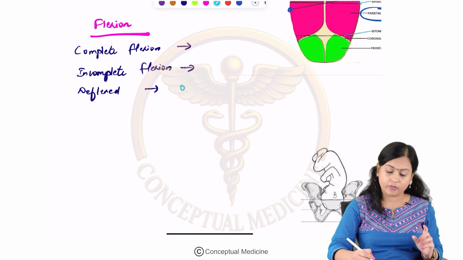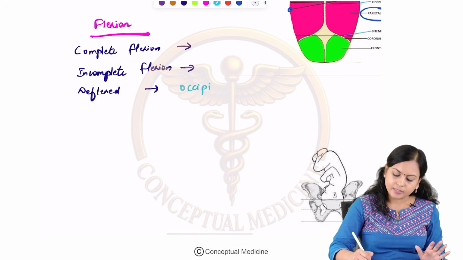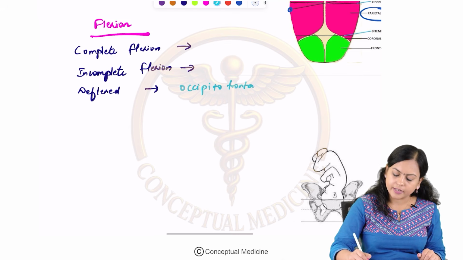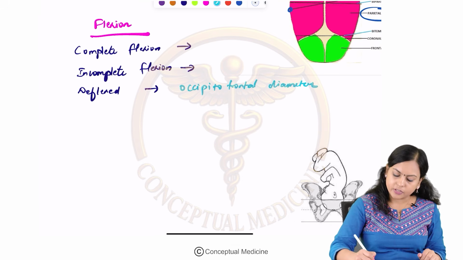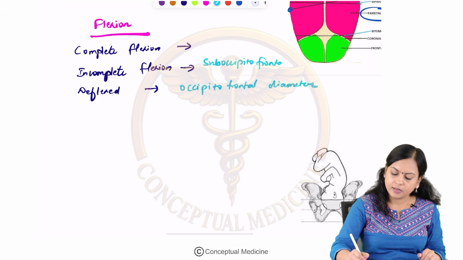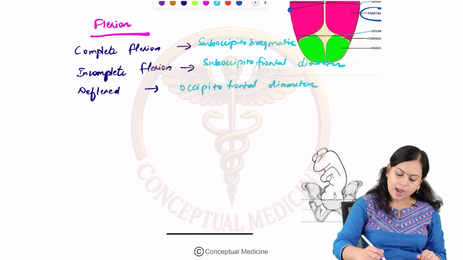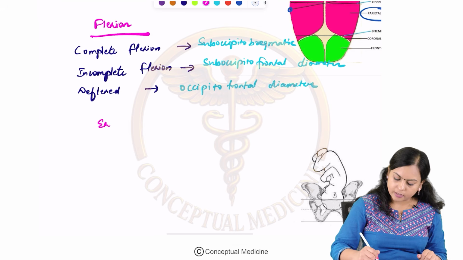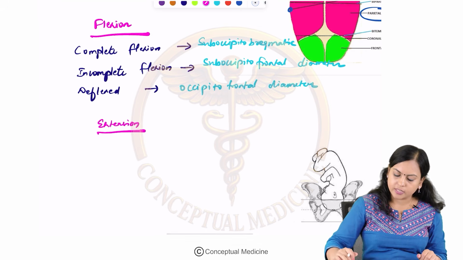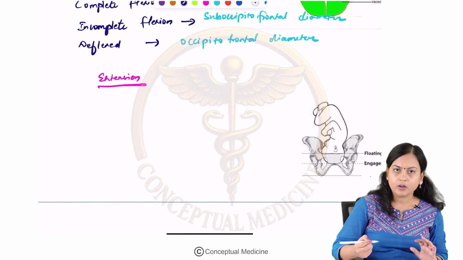In the deflexed head, remember, we'll start from here, it is the occipito-frontal diameter. Okay, and in incomplete flexion, it is the suboccipito-frontal diameter. Okay, and in complete flexion, it will be the suboccipito-bregmatic diameter.